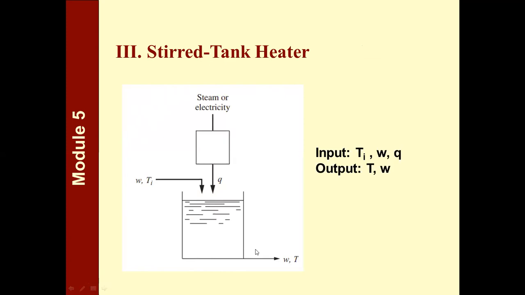For this stirred tank heater, we will assume again that the volume of the fluid inside the tank is kept constant, and W, the mass flow rate of the liquid entering and leaving the tank, is also constant. So what we're going to account for here are the changes in the temperature of the fluid inside the tank, same as that of the fluid leaving the tank, in relation to changes in the inlet temperature of the fluid and the amount of heat being supplied to the tank.